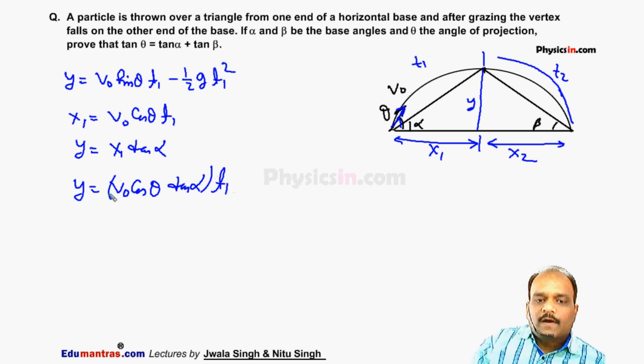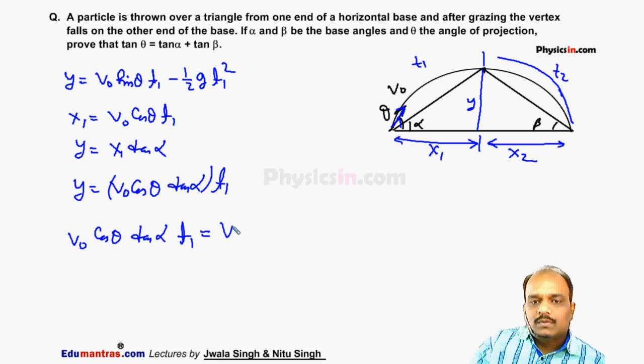This is y. I will substitute the value of y here, then I get v naught cos theta tan alpha into t1 must be equal to v naught sin theta t1 minus half g into t1 square.